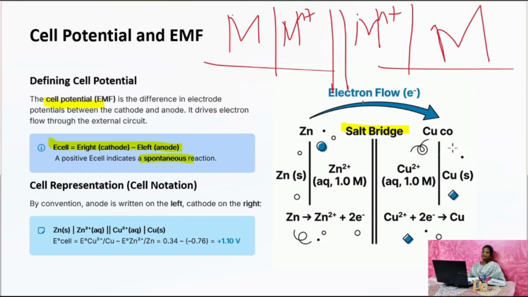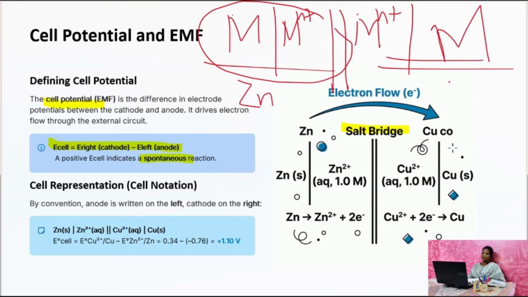Here this metal and this metal will not be similar. Okay, if it is similar it will be a separate case, another case will be studied later. But here in Daniel cell, this M represents zinc, whereas this M represents copper.